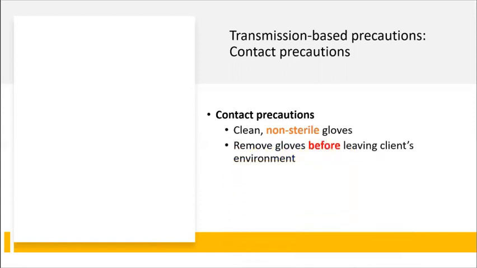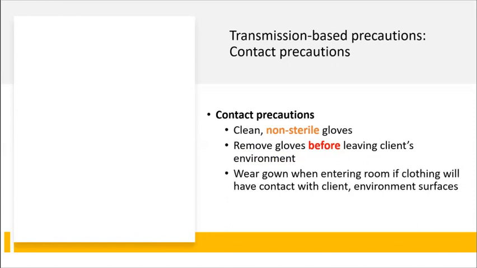We want to remove our gloves before leaving the client's environment. And then you want to wash your hands with antimicrobial agents. We also want to wear a gown when entering the room. If our clothing is going to come in contact with the client or environmental surfaces, or if the client is incontinent, maybe has diarrhea or ileostomy or a colostomy, or maybe has a wound drainage, then we'll need to put on our gown.